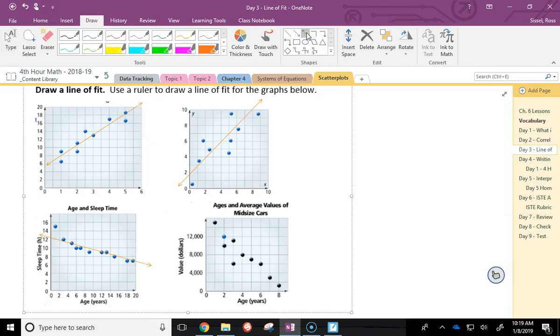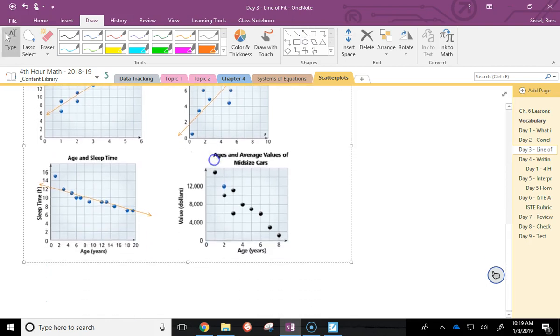Okay, last one. The line should have been something similar to this one. Okay? Alright, here's what you're going to do for me tomorrow. These 4 lines of best fit.